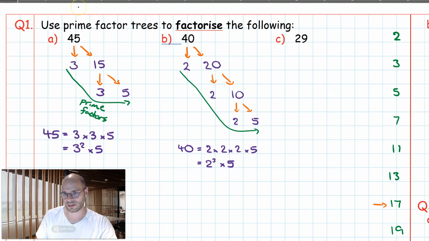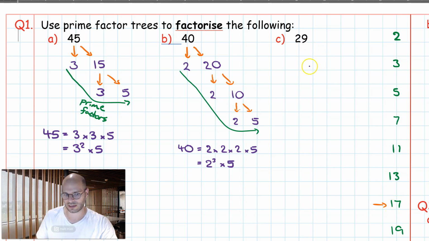Now, it's at this point I know to stop, because if I think about the numbers I'm working with here, 17 multiplied by 2 is going to give me 34. Because 34 is larger than 29, if I try and divide 29 by any of the numbers after 17, they won't actually fit.